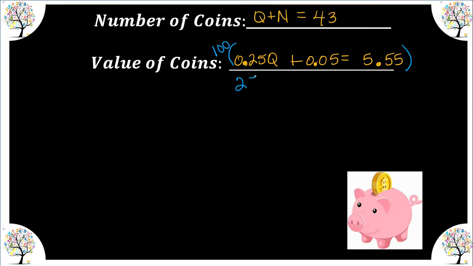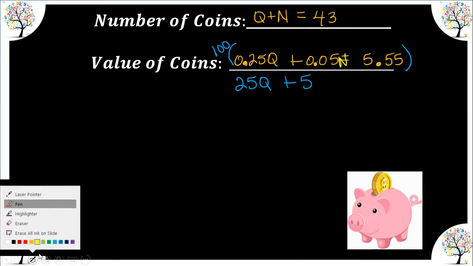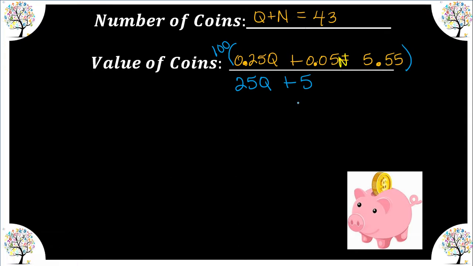And I get 25q plus 5. Forgot my n here. Let's go back and fix that. And then I have 5n equals 555. So now I'm working with this equation and this equation.